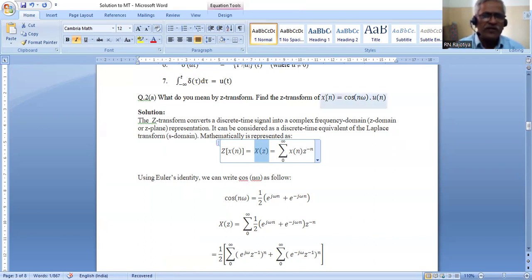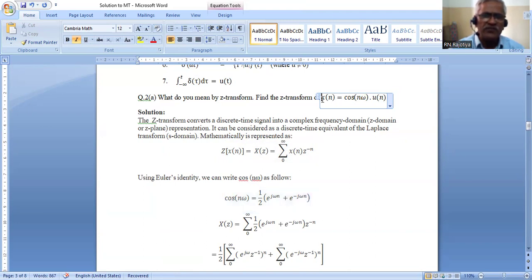Now, to find the Z transform of the given signal, we can use Euler's identity for cos(nω). We know that cos(nω) is equal to half of (e^(jωn) + e^(-jωn)).